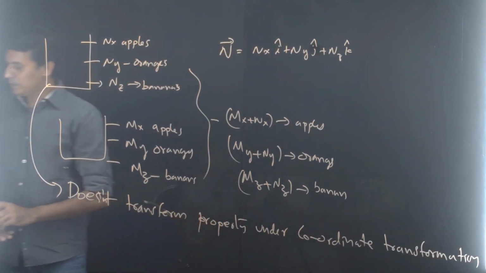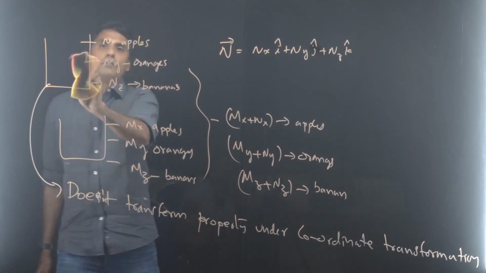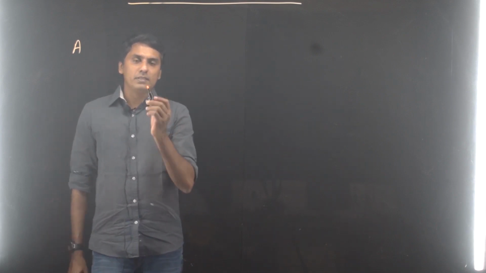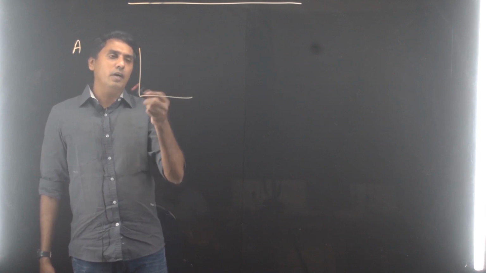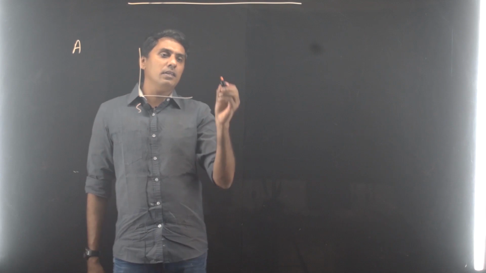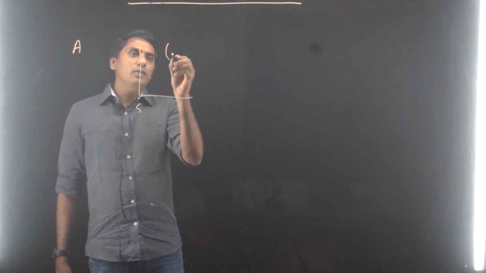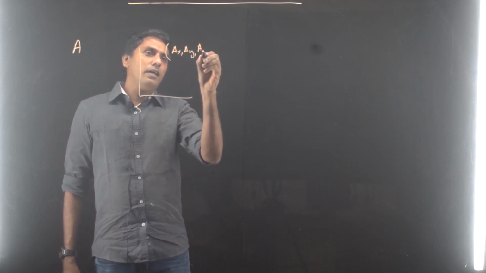Now I'll start. Given a vector A, if you express it in a particular coordinate system, which I call S, you will have components Ax, Ay, and Az.